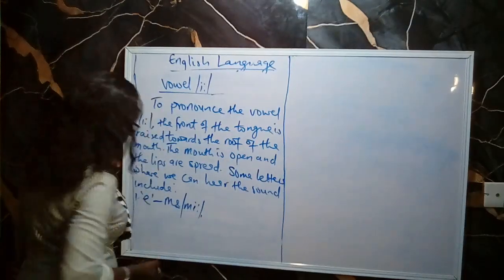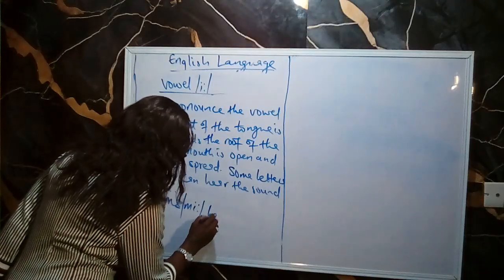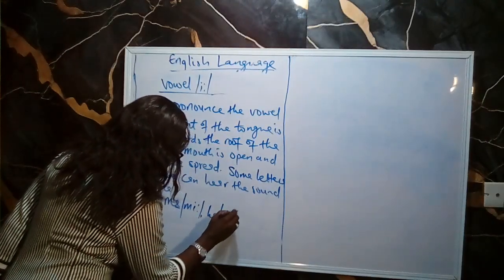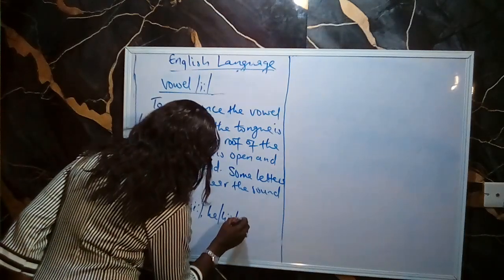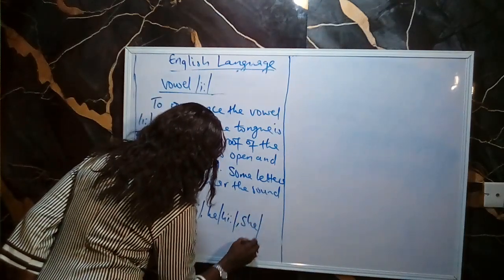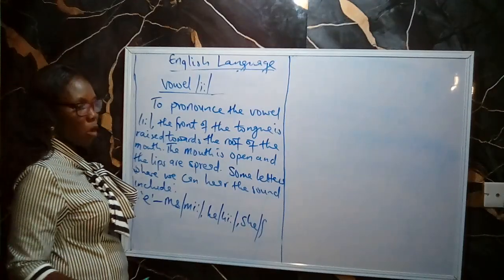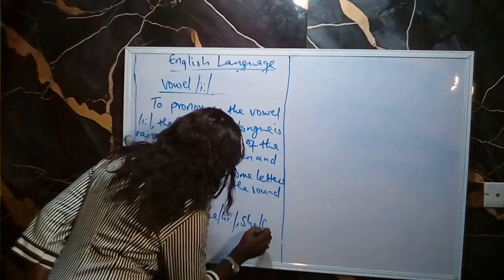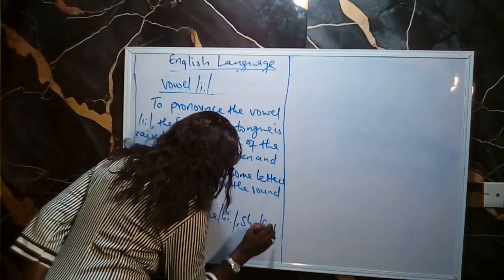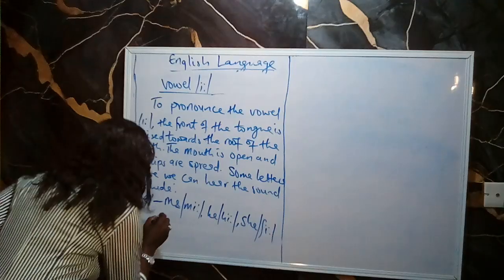Okay. Then we also see it in he. She. This is the sound you make when you want someone to stop making a noise, like shh. So this is she. Okay. We also see it in some words like wriggle.